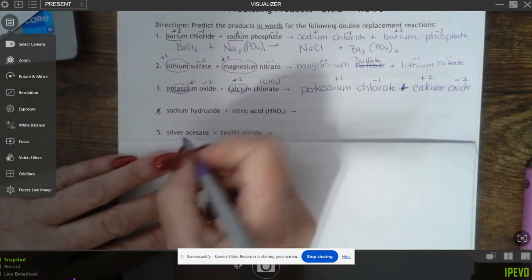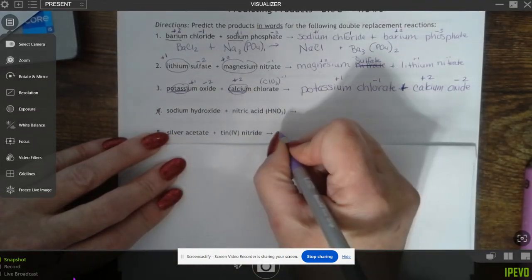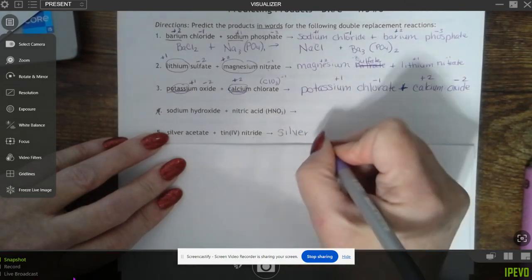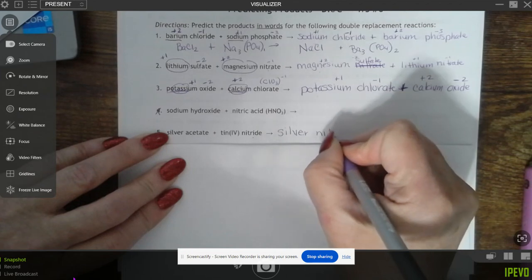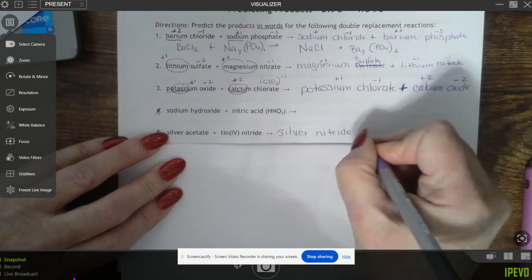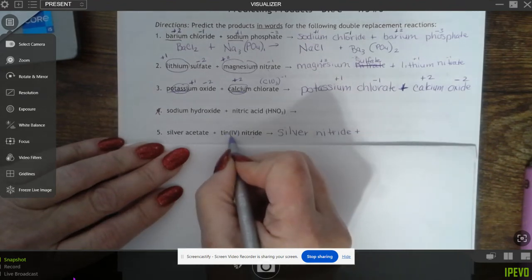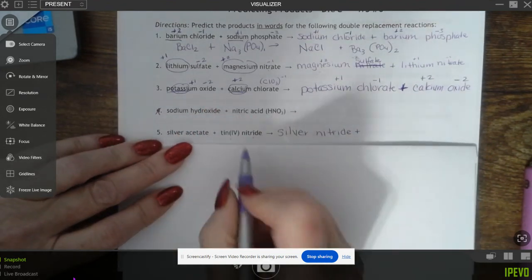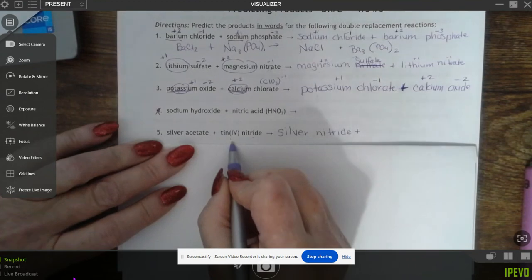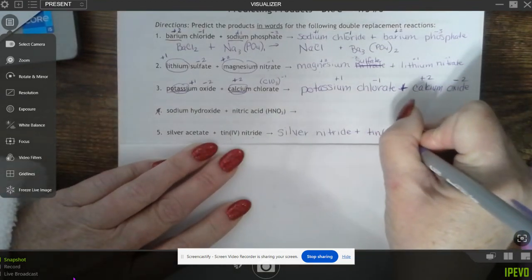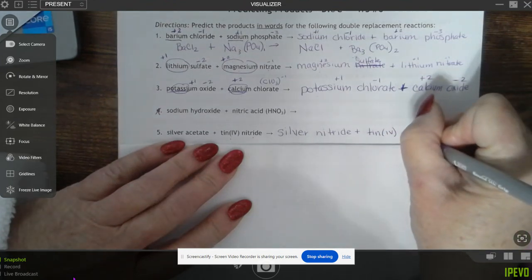Again, I'm just going to do silver nitride plus. Now, if we have transition metals, the charges are going to stay the same. So this over here is still going to be tin 4 acetate.